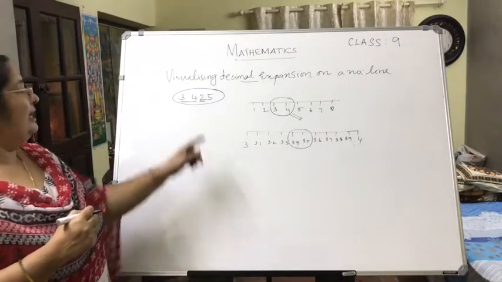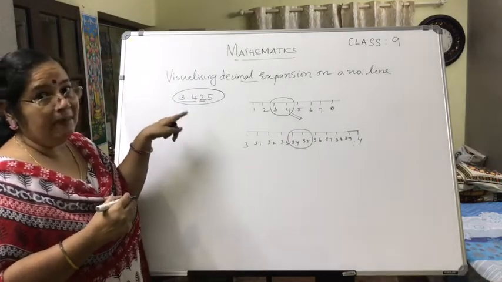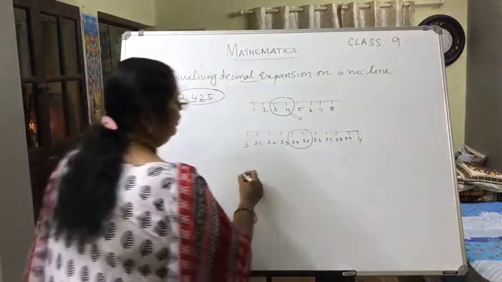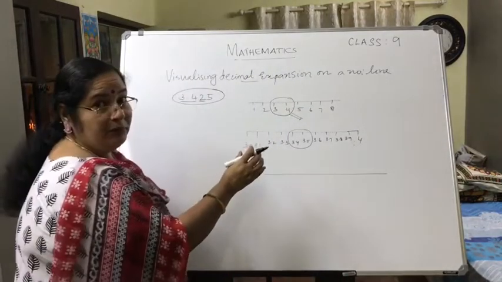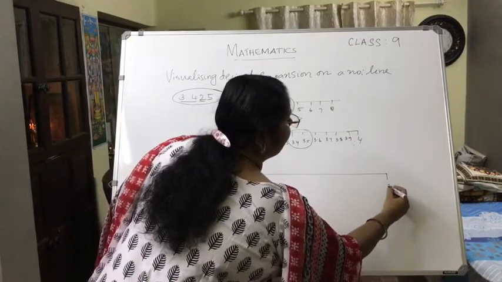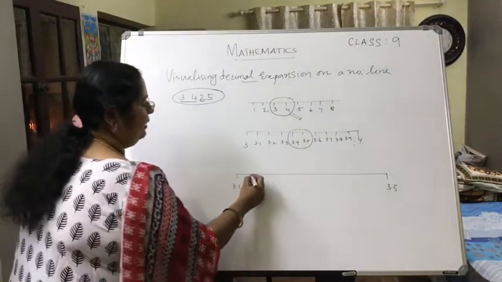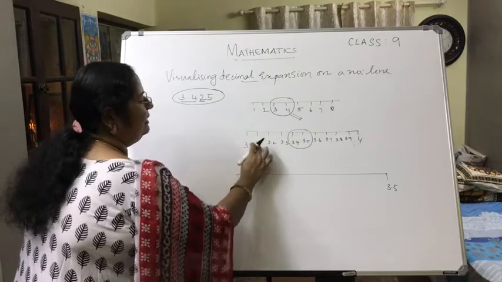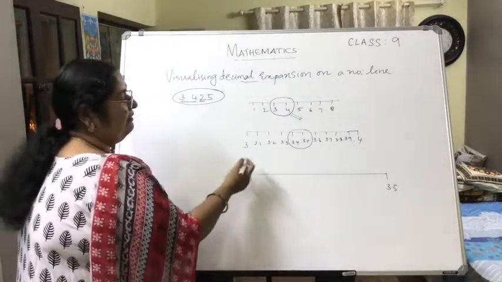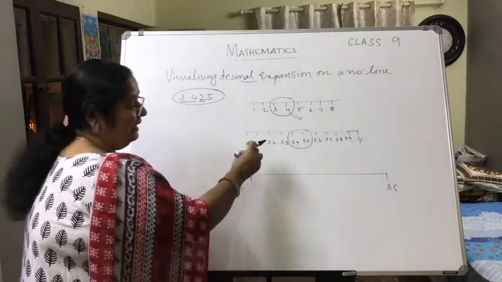Why have we taken that? Because here the digit is 2. So 3.42 will come between 3.4 and 3.5. So you are going to enlarge that portion, 3.4 and 3.5. Let us divide that again. If you find it difficult writing horizontally, you can even write it vertically, because as the places are increasing, you may find it difficult to write all the places horizontally.